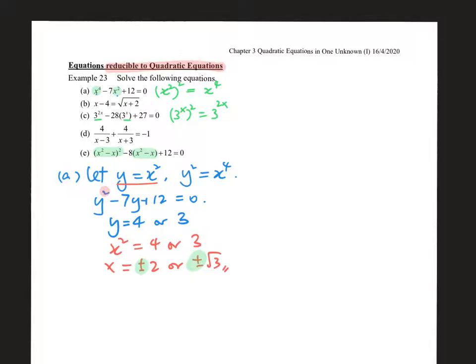And then part C and part E are very similar. You may work them out by yourselves. Now we come to take a look at part B. If you have a square root, then it's fine. You take the square on both sides to remove the square root sign. In this case, you can expand it: x squared minus 8x plus 16 equals x plus 2.